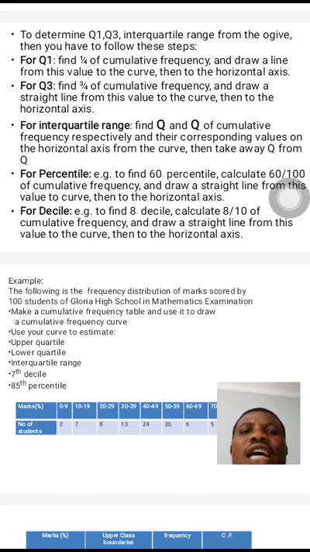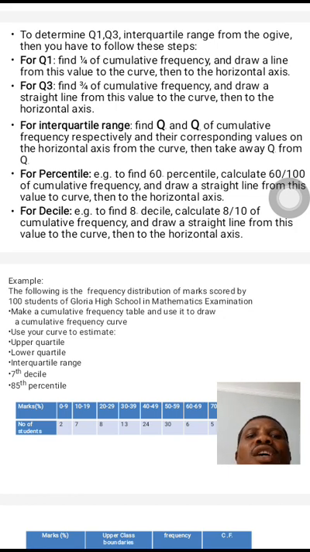Now for interquartile range, what you need to do is to find Q1 and Q3 of the cumulative frequency respectively, and their corresponding value on the horizontal axis from the curve. Then take away Q1 from Q3.